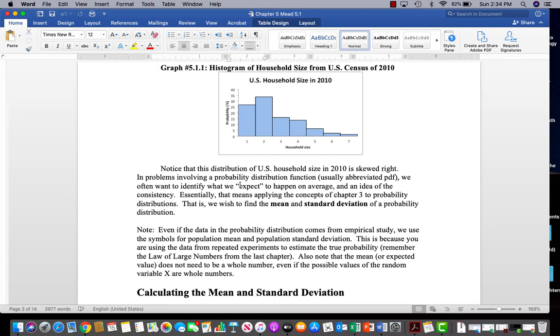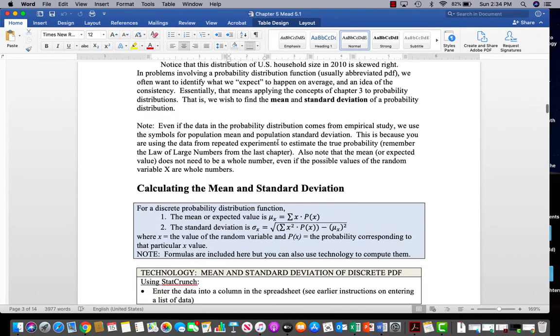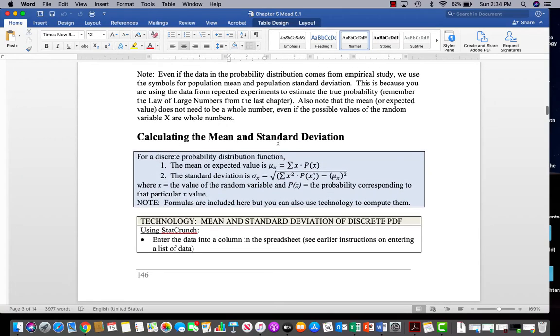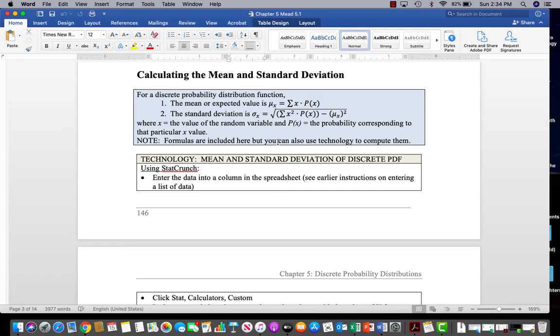Okay, so when we have these things, we can start to look at calculating the mean and also how widely spread it is. The dispersion is the standard deviation. This brings us to calculating the mean and the standard deviation. There are 2 formulas. The mean, also known as the expected value, is this symbol right here, the mu with a little subscript x, and it's the sum of the x's times the p of x's.